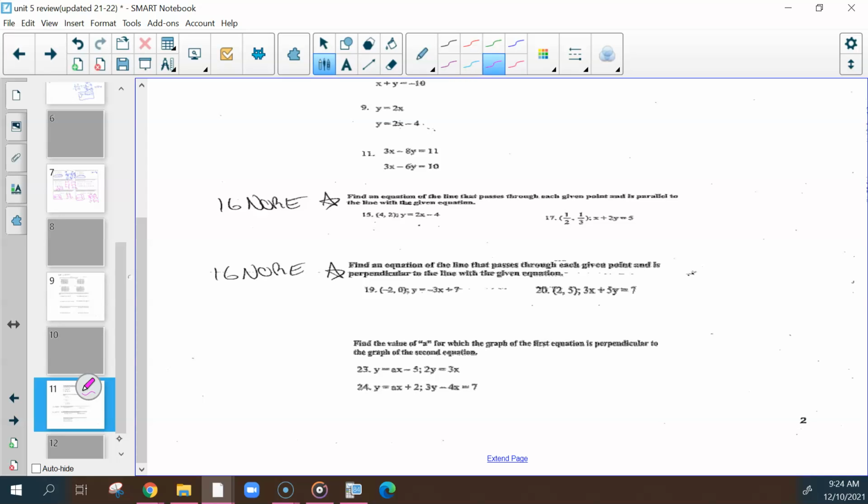So for the remainder of class, here are the things that you can be working on. The rest of the questions in the review, I would start there until you feel comfortable with each objective. If you have not done past Khan Academy or Delta Math, go on to those. If you would like more practice than that, check back in your notes, make sure you've gone over all of those.